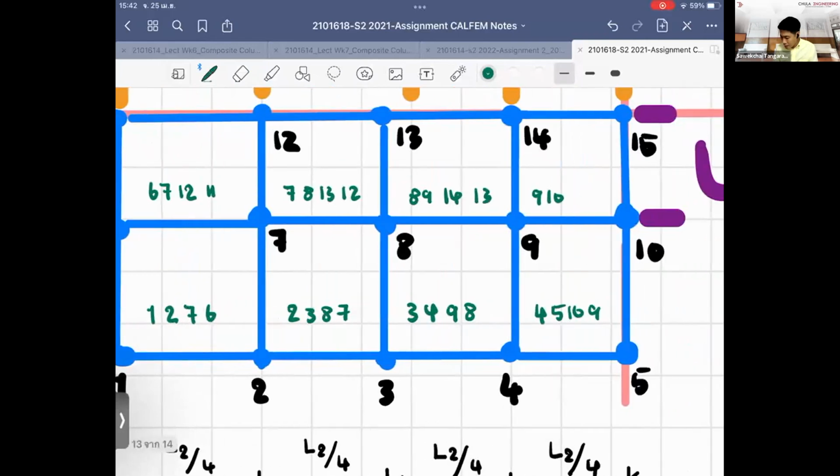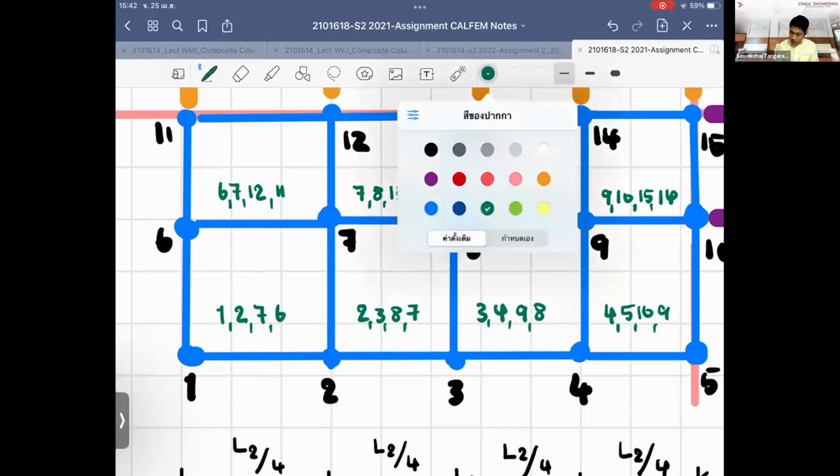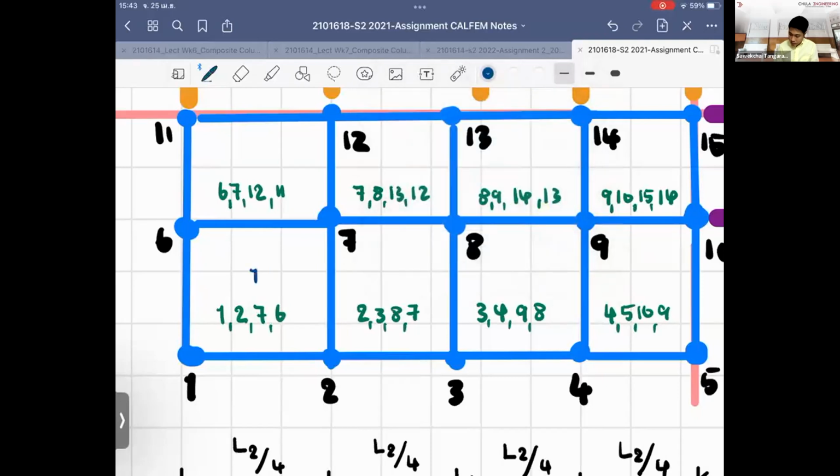You might see the pattern that the numbers start to have some repeating pattern. So that's why when you have to discretize them, you don't need to do it by hand. You can just have MATLAB run or generate the numbers for you. For example, I know that this is element number 1, element number 2, element number 3, 4, 5, 6, 7, and 8.